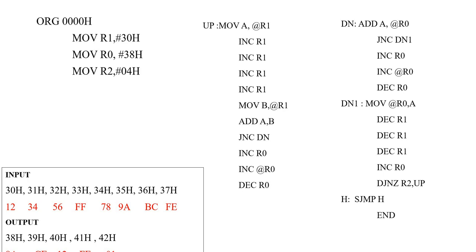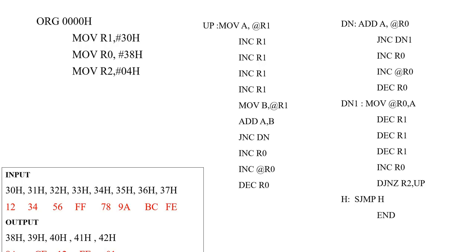This will load the base address of the first 32-bit number into the register R1. Next instruction is MOV R0, #38H. This will load the base address of the result into the register R0.